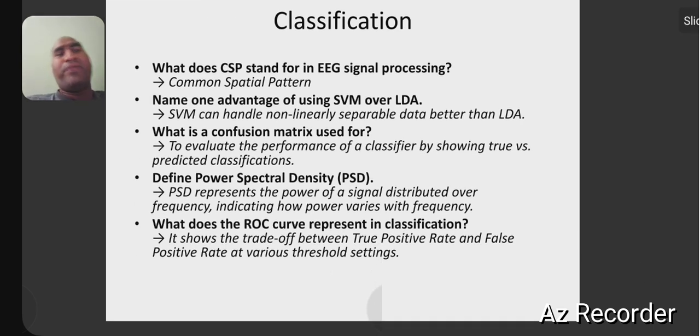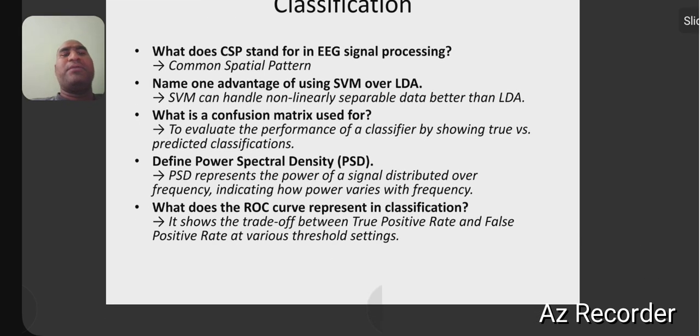Define power spectral density. PSD represents the power of the signal distributed over frequency, indicating how power varies with frequency. What does the ROC curve represent in classification? It shows the trade-off between the true positive rate and the false positive rate at various threshold settings.